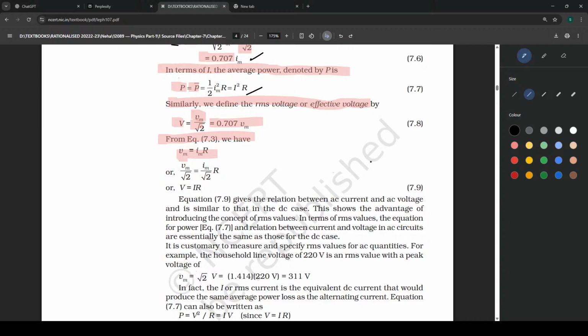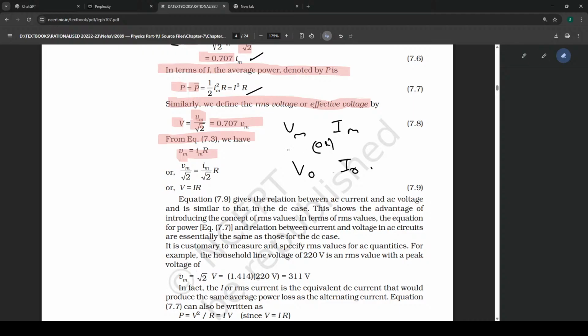As for peak values, we denote them either by Vm and Im, or as V0 and I0. These are all conventions for denoting peak values. Basically, this is a peak value, and RMS values are denoted without a subscript or with RMS as a subscript.